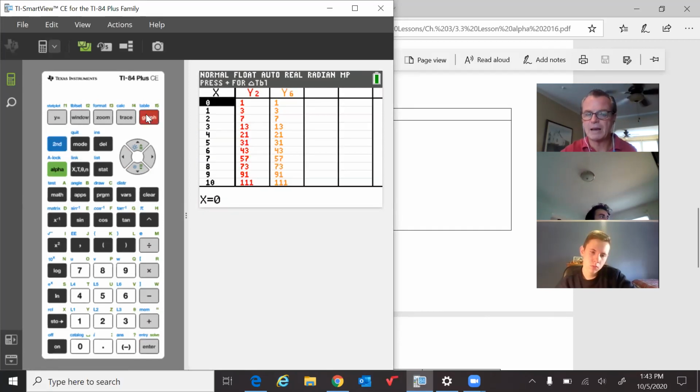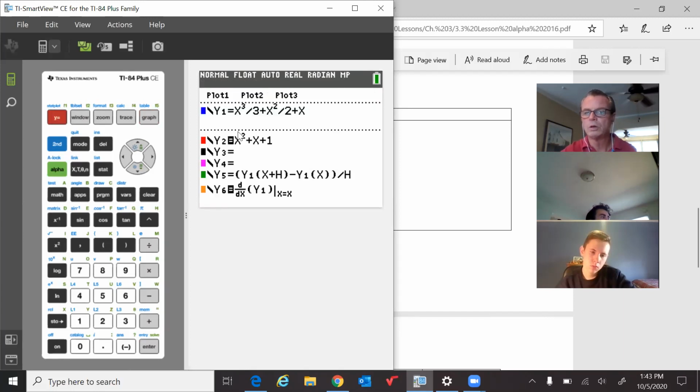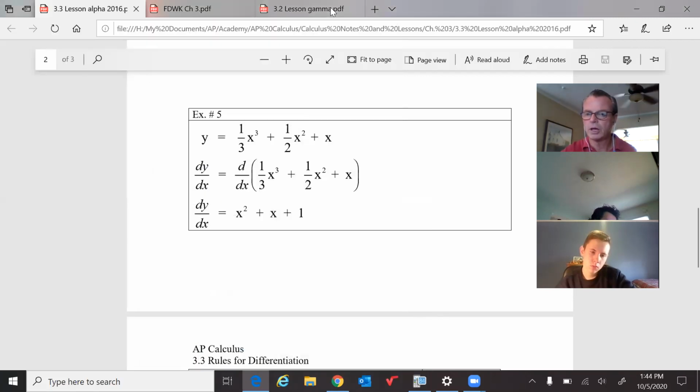And the tables are the same, confirming that you did this correctly and that Y2 and Y6 are the same. Y2 is the derivative that you calculated, and Y6 are the values for the derivative that the calculator did for you. Okay?